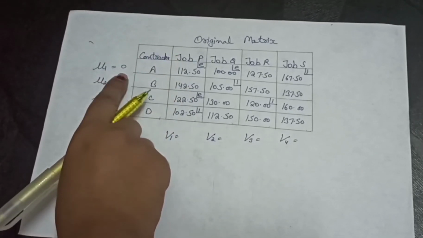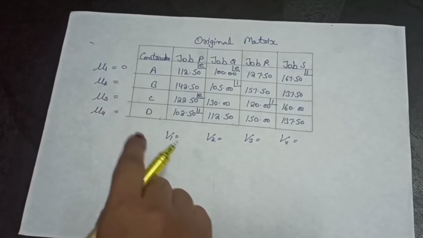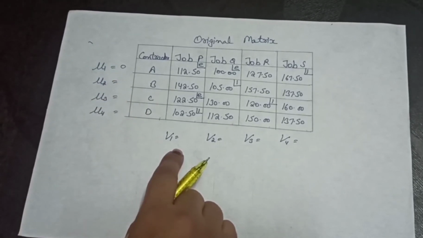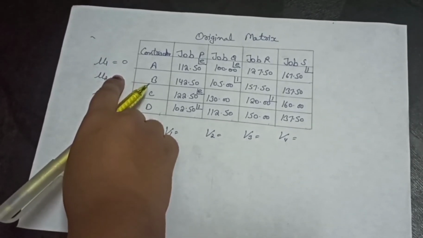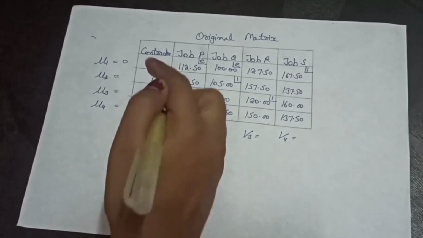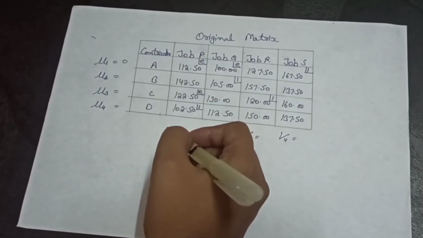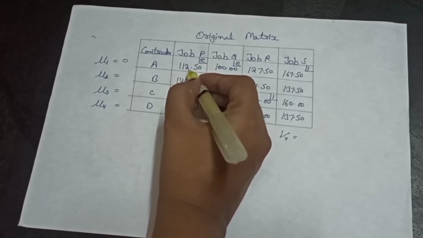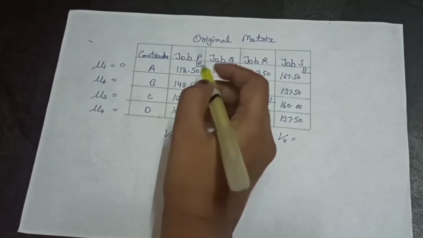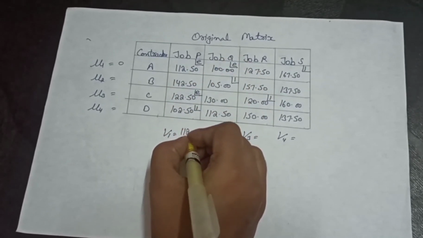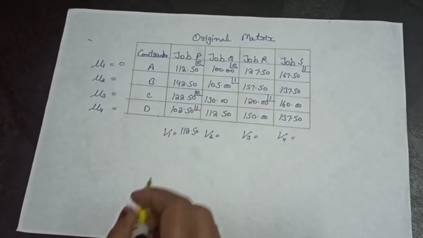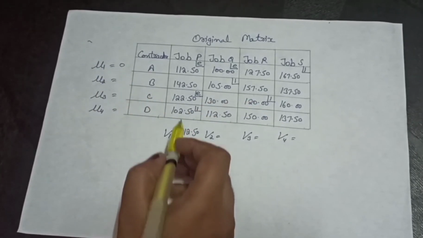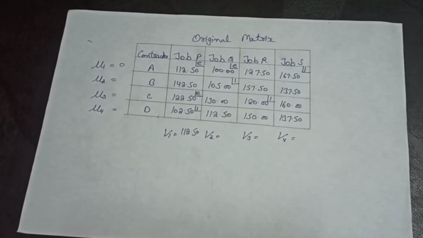We have u1 is equal to 0, so we can calculate the value of v1. If u1 is equal to 0, then u1 plus v1 is equal to 112.50, so v1 is equal to 112.50 because u1 plus v1 is equal to this cell.